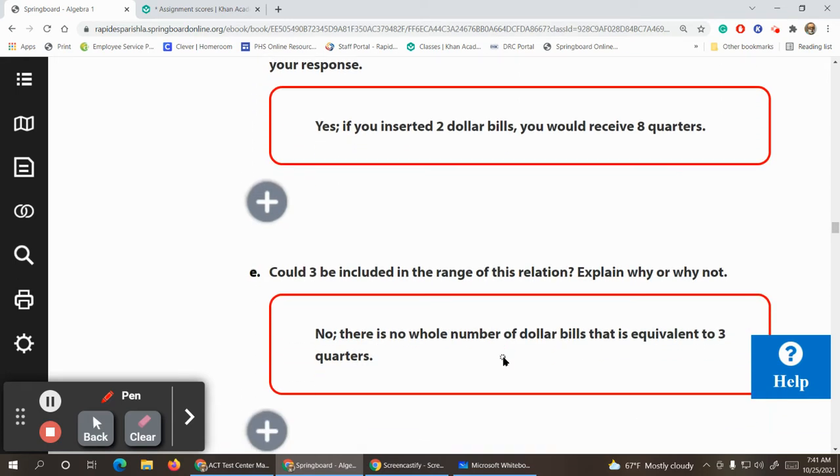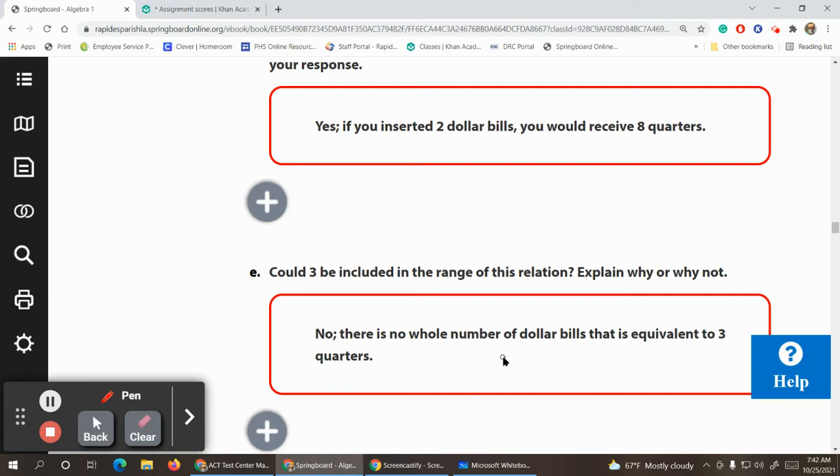Could 3 be included in the range of this relation? Why? You can't insert 3/4. Well, no, we're not inserting quarters. What are we inserting? Dollars, right? But you can't insert $1 bills. Think about that in real life. If I put $1 in the machine and I get 3 quarters, am I happy?